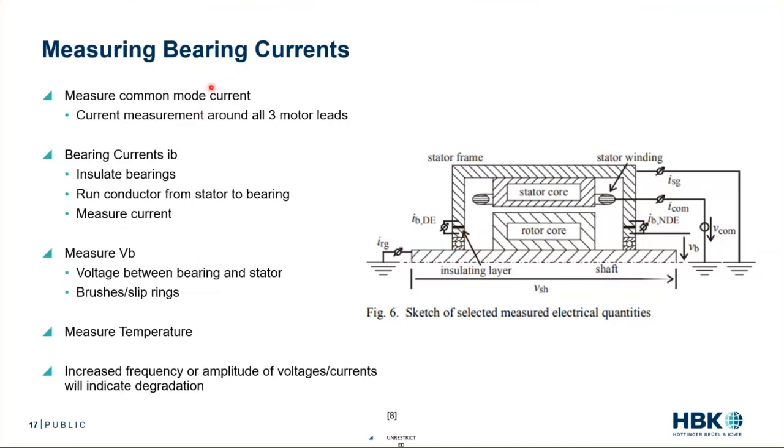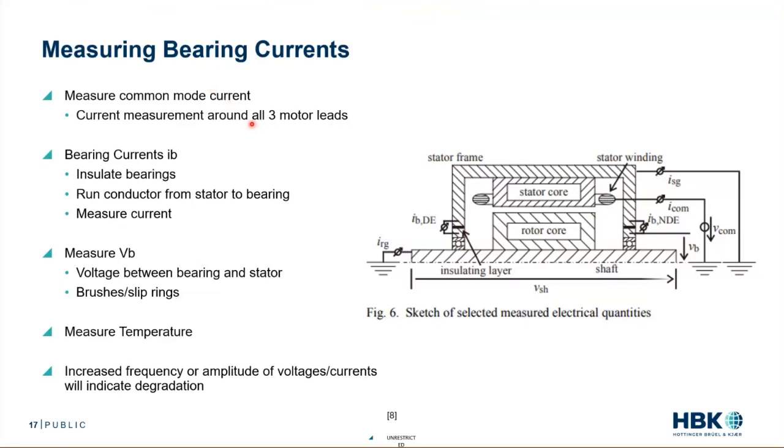If we put a current sensor around those, or we have individual current sensors and sum them, we can see how much common mode current there is. So if we understand that common mode current, we can start to understand what's leading to voltages coming from rotor to stator and then from stator to ground. So we can start to see where these bearing currents are coming from. So we can measure that common mode current.